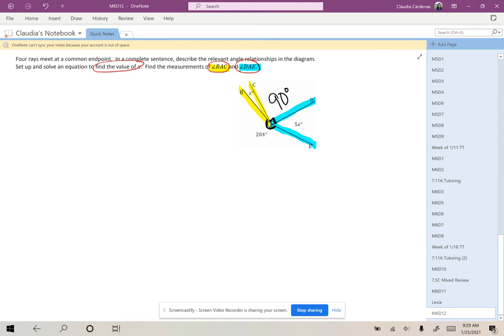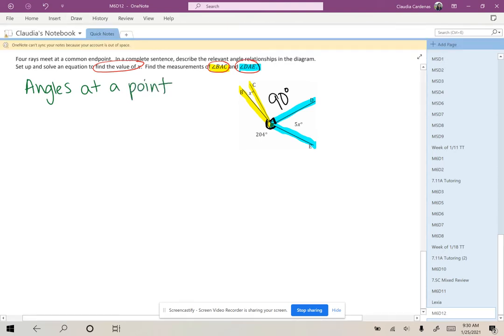Well, normally I look for straight lines to find angles that add up to 180 degrees. However, I don't see a straight line with several angles on top of it, but I do see that all these angles come together at this point. So let me go ahead and color this in. They come together at this point. And I know that angles add up to a very special number.